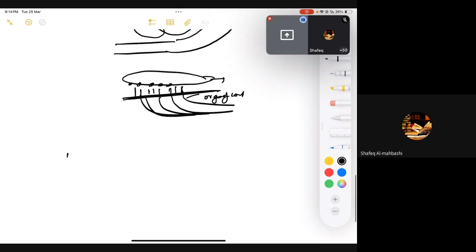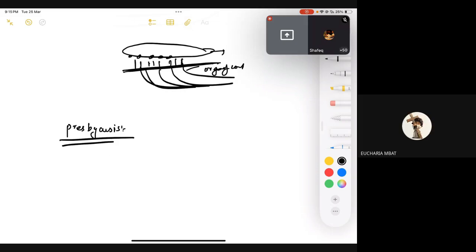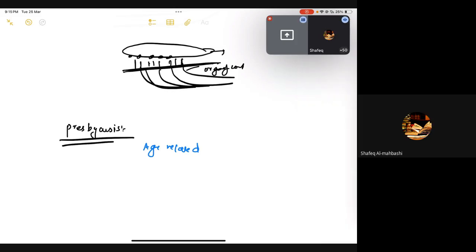Then we have another phenomenon known as presbycusis. Can you tell me what is presbycusis? Age-related hearing loss. Perfect. Is it bilateral or unilateral? Bilateral, so symmetrical. It is bilateral, age-related, progressive, gradual hearing loss.